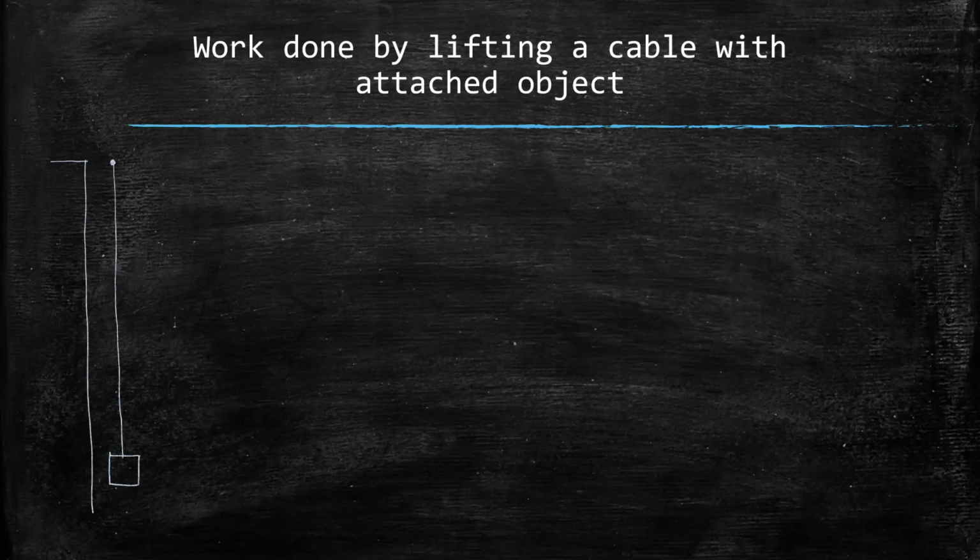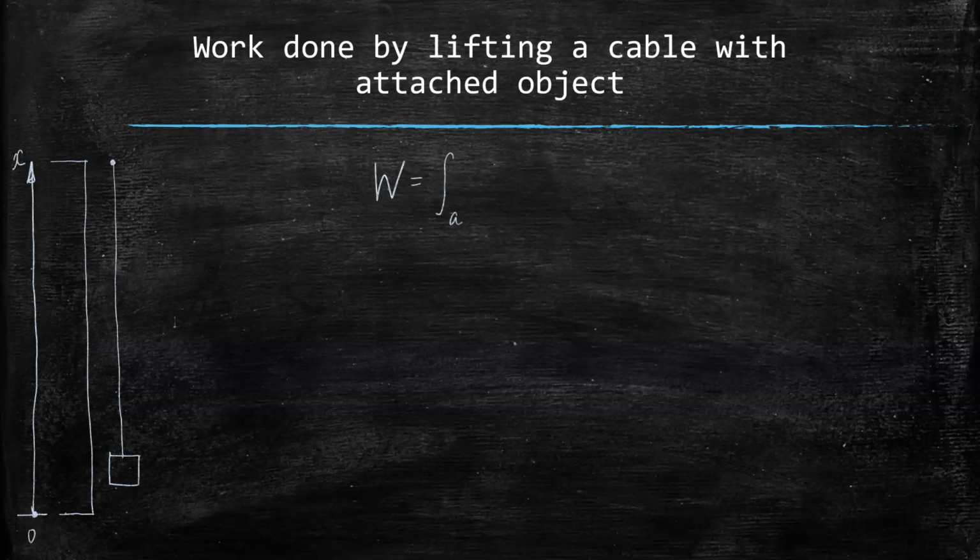Now, first we need to set up the coordinate system, and usually we set up the coordinate system with 0 being at the bottom and the x-axis being vertical, and the positive direction of the x-axis is going up. And now when we're lifting an object, we're still going to use the formula that we figured out earlier.